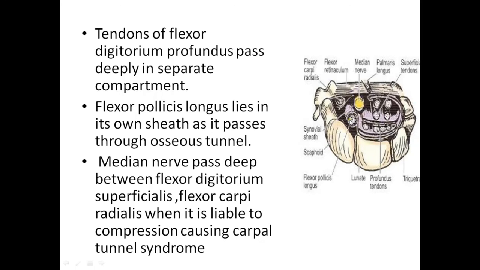The flexor pollicis longus passes deep in the tunnel, and the flexor carpi radialis, by the attachment of the fibrous retinaculum on the crest of the trapezium, forms a separate tunnel.